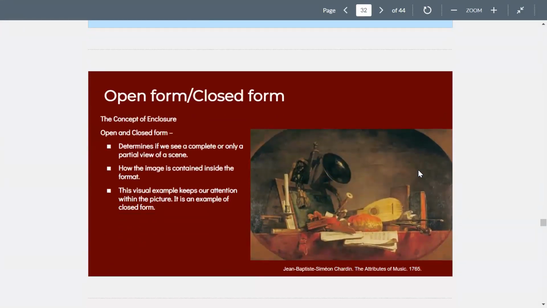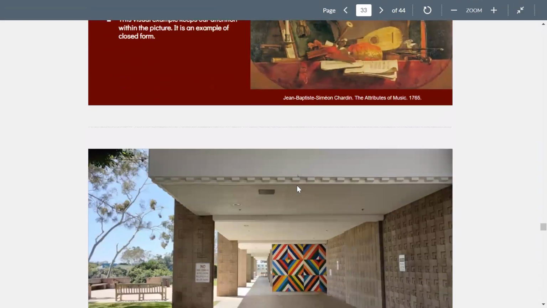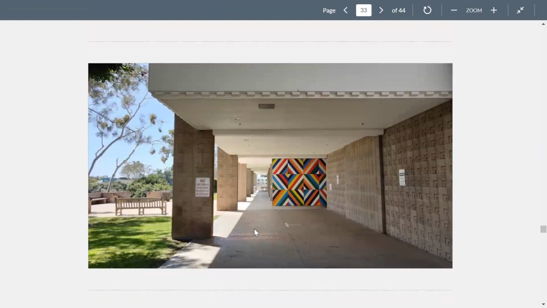And this one is called open form and closed form. This is an explanation of the composition. This is not a technique to give depth, but to explain the total composition. Can you see this image, and also I will go to the other one.